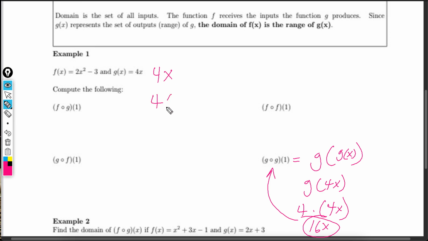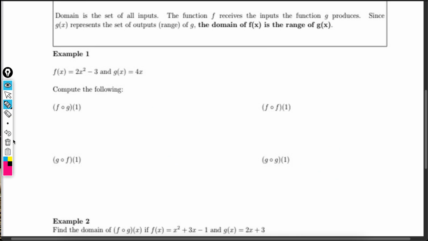It would look like this, and then like this, and then like this. That's literally what we're doing. We're putting g into the x of that, or this whole thing into its same x. That's all we're doing. It's pretty easy once you get the hang of it.